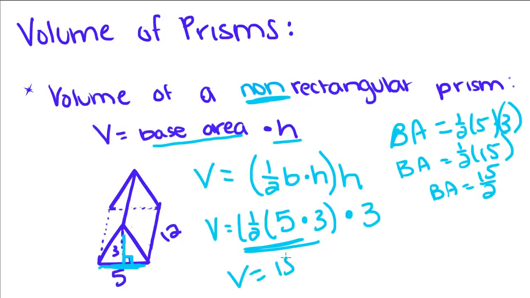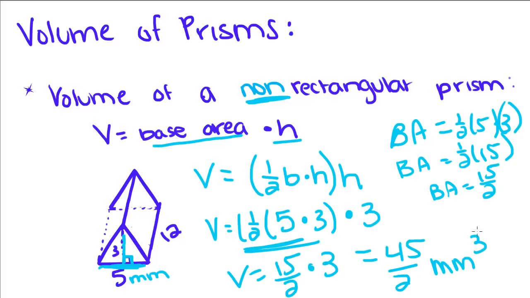Now we're going to take 15 halves and multiply it by 3. 15 times 3 is 45 over 2, and pretend that they gave us that this is millimeters, so it'd be millimeters cubed. I'm just going to leave it like that because there's no point in getting a not pretty decimal. This is more accurate.